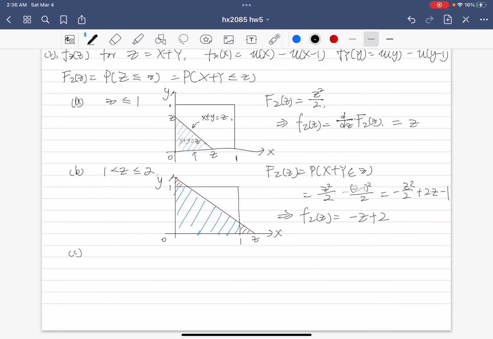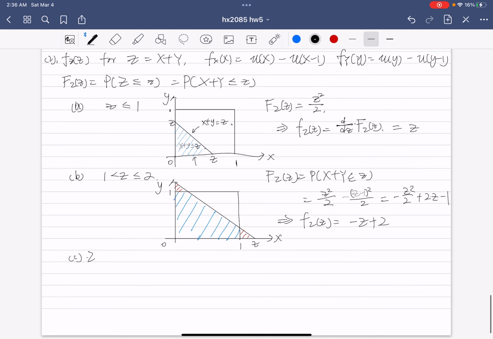The last condition is when z is larger than 2. The area will be 1 times 1, which is 1, so the probability density function of z is 0.